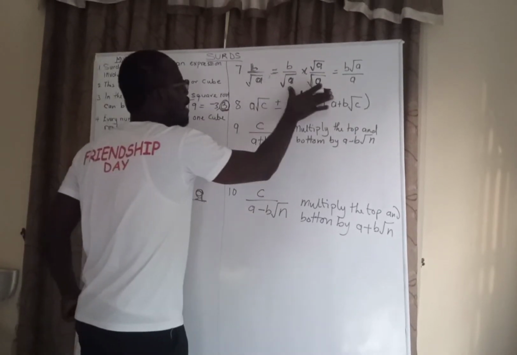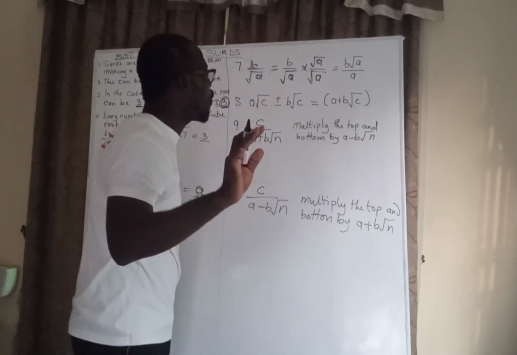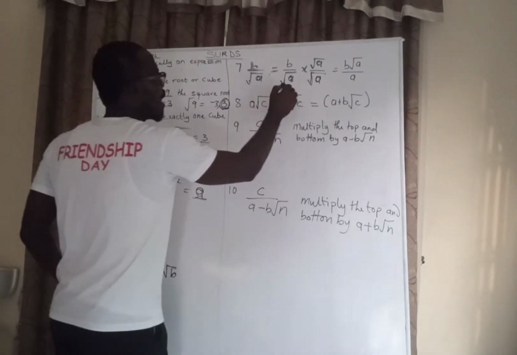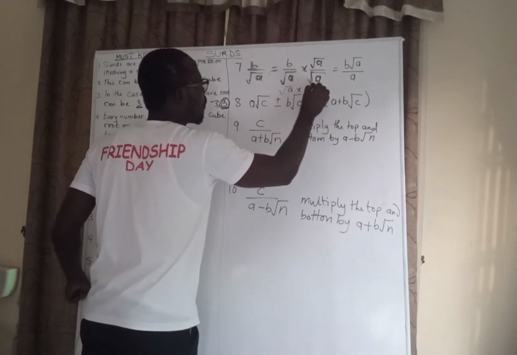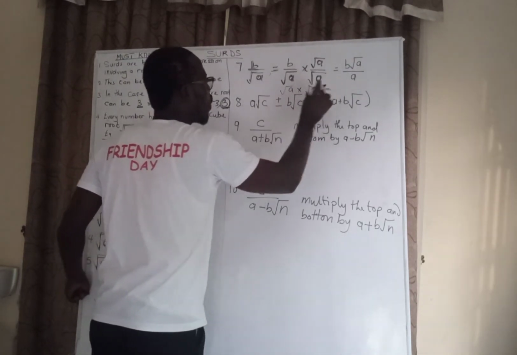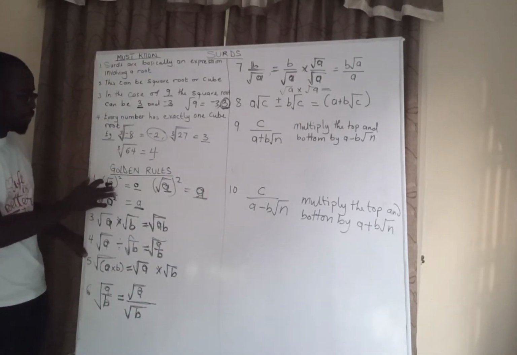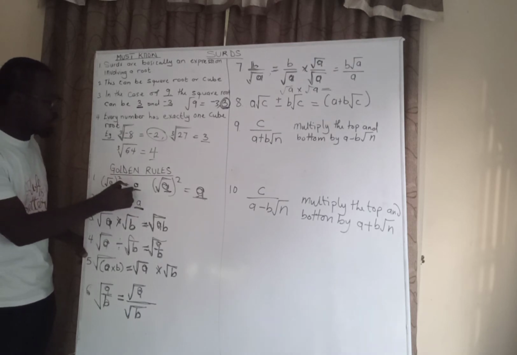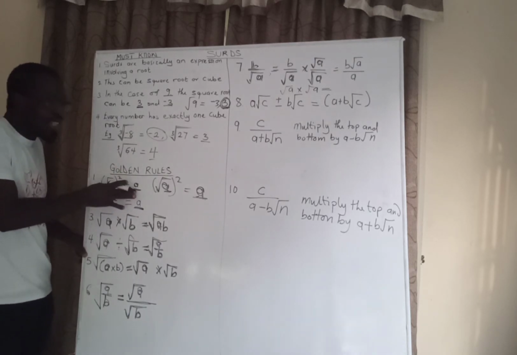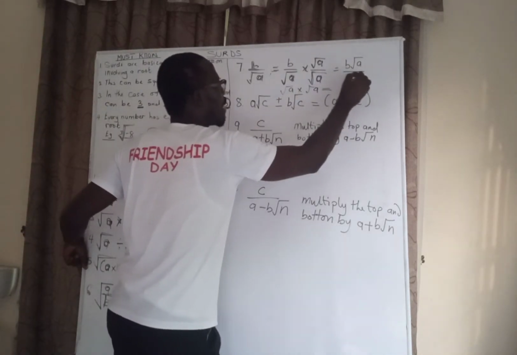So when we write it like this, it is very simple for us to understand. The square root of a times the square root of another a, according to the first golden rule here, the square root of a squared is equal to a. So applying this one, we can get this as our answer.